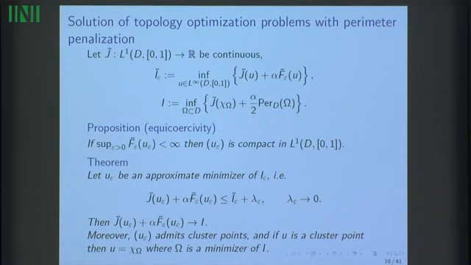So in the end of all this, what you get is that if you take an approximate minimizer of this functional, then you have convergence to the infimum value of the target functional, and also convergence, up to a subsequence, of the approximate minimizers to a minimizer of the target functional. Okay, so this is nice.